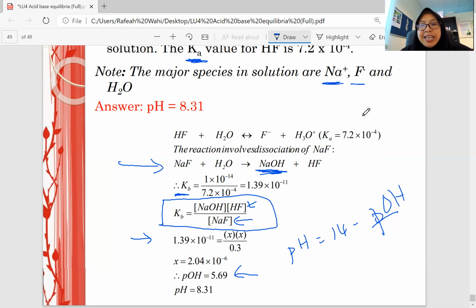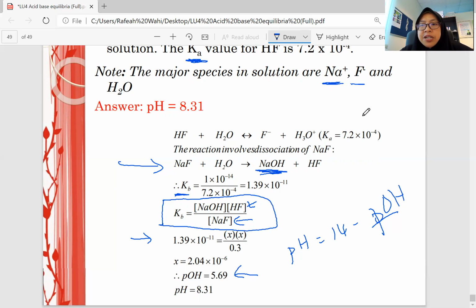How do you calculate Ka? What is the relationship between Kw, Ka, and Kb? The ability to convert the p function into negative log, or when to use the anti-log function. Okay, you have to know that.